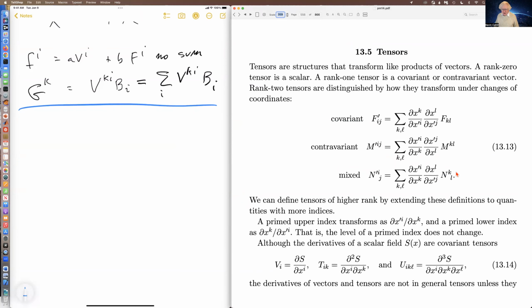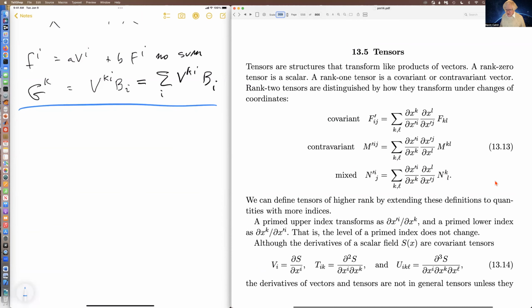In other words, if N_kl is by itself rank 2, this index and that index transform like this.